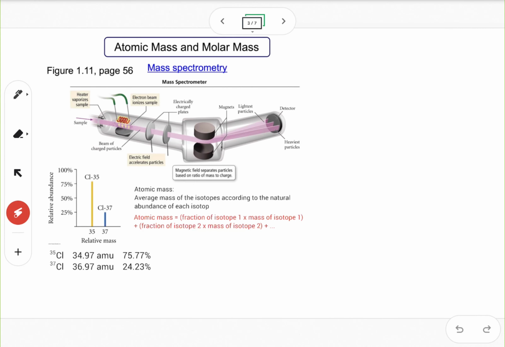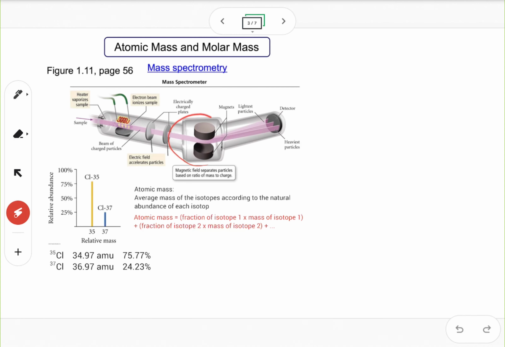This picture shows you a very basic mechanism of how a mass spec instrument works. You introduce your sample from this side, and once the sample gets into this chamber, it will be heated up to a very high temperature. So those atoms will be ionized to charged particles. Those charged particles will fly into this chamber.